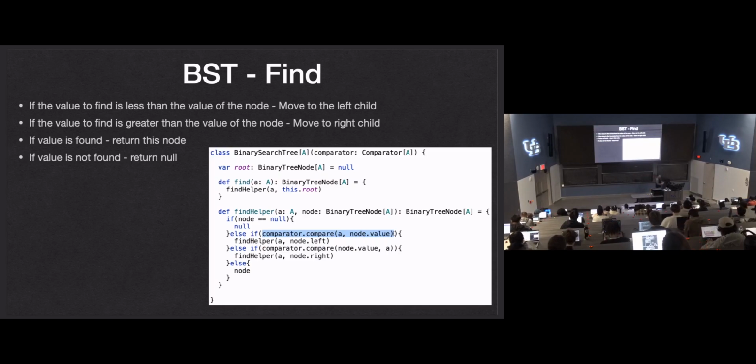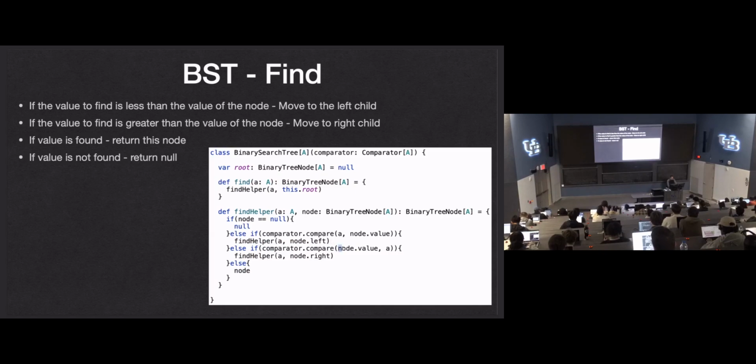If the value A comes before the node that we're currently visiting, then we're going to move to the left subtree. So if the value we're looking for comes before the node's value, based on the property of a binary search tree, we know that everything that comes before the node we're visiting must be in the left subtree of that node. It has to be. So we're going to move to the left.